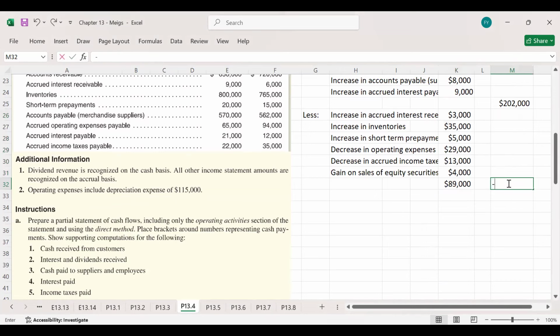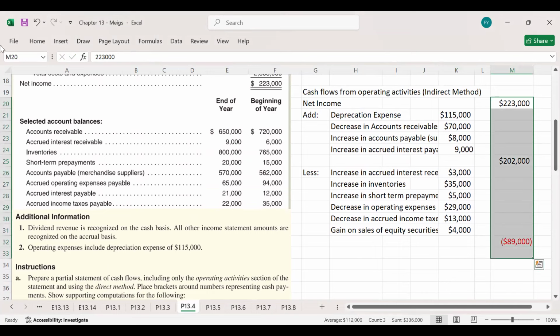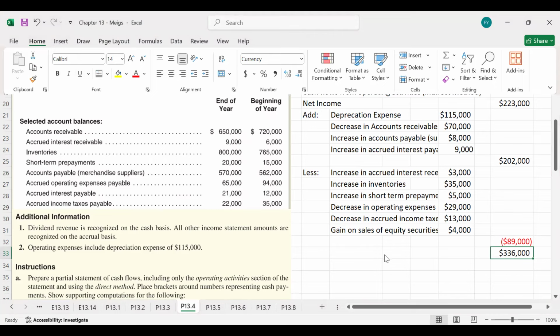So we are going to represent it with a minus sign or in brackets as per the requirement. So the total increase or decrease would be 223,000 plus 202,000 and minus 89,000. So this one is our total increase or decrease of cash from operating activities.